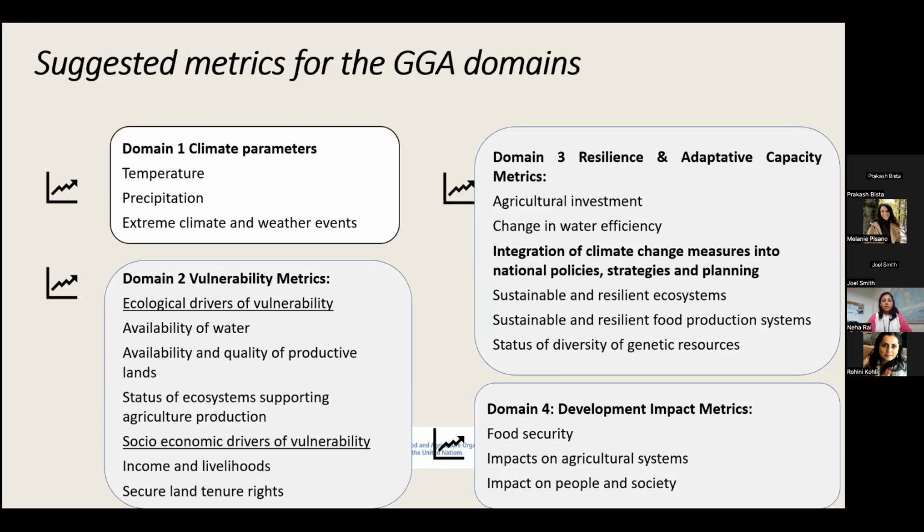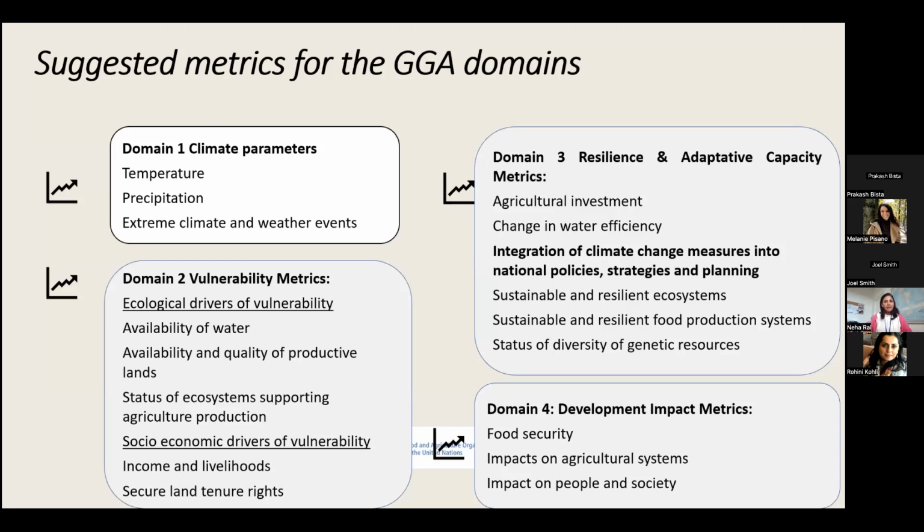So a lot of indicators related to resilience and adaptive capacity is around the integration of climate change into national policies, how sustainable and resilient ecosystem measures are taking place, how sustainable and resilient food production systems are being developed. So these are the metrics which can really help in assessing the domain 3 of the global goal.